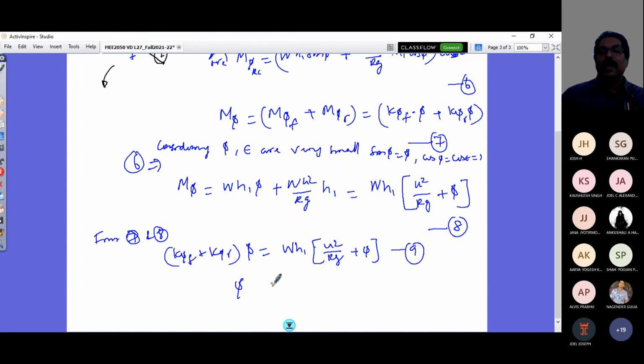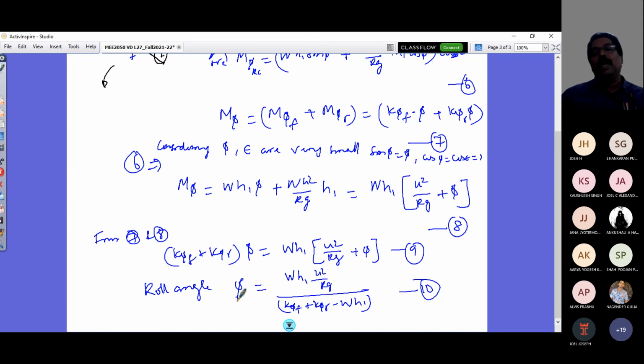From equation 9, the roll angle phi would be WH1 into u squared by Rg divided by K phi F plus K phi R minus WH1. This is my equation number 10, which gives me the roll angle.